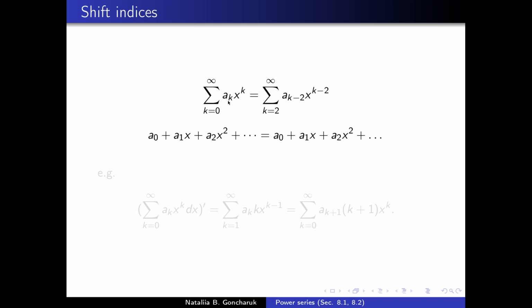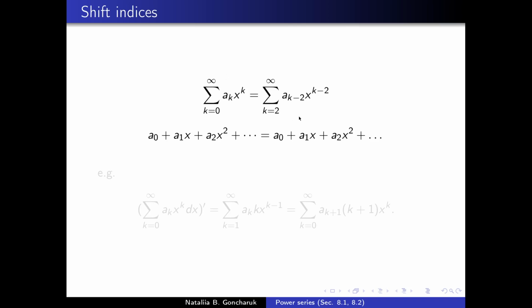Instead of this number that changed from 0 to infinity, you used to denote this number by k, but now this number will be k minus 2. You replace k by k minus 2 in your formula, and you also change the region of your summation, because your new k is the previous k plus 2, so it starts from 2.